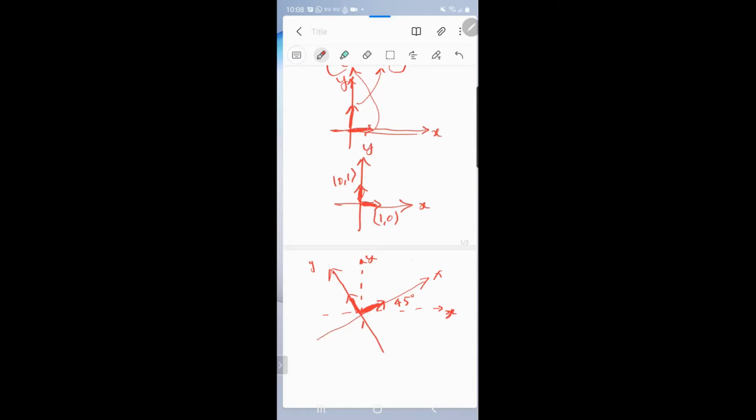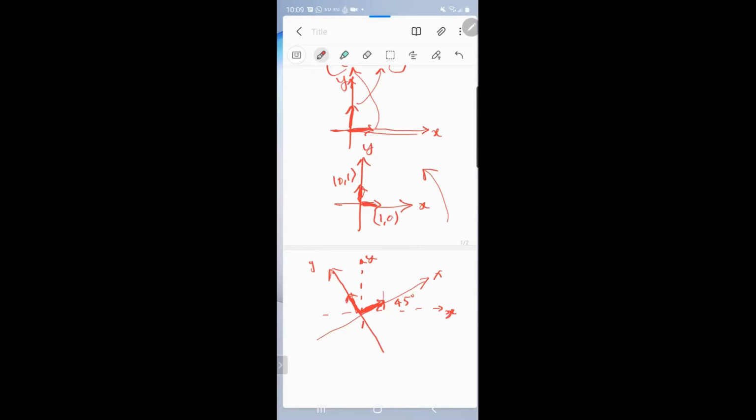I rotated this in the anti-clockwise direction by 45 degrees. Then my initial unit vectors would fall somewhere around along these lines, right? Is that clear? After rotating it, this is the new position of those unit vectors.